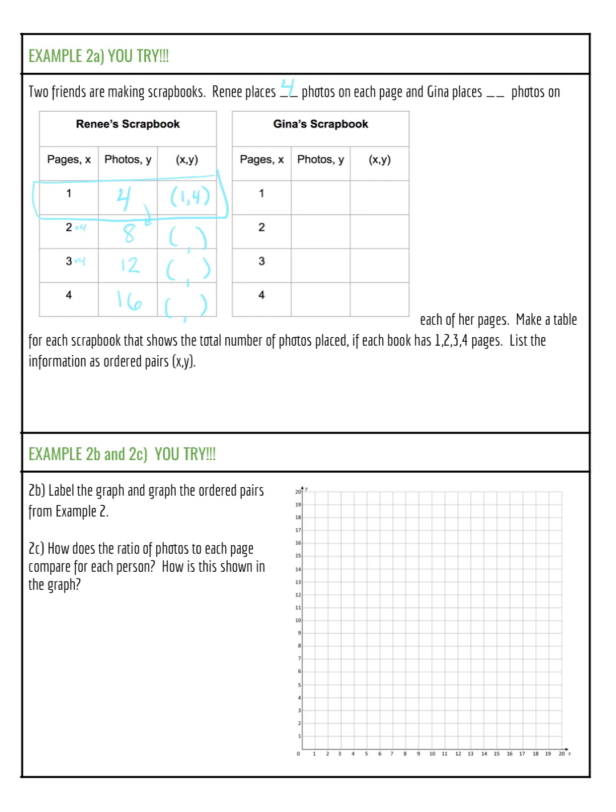Go ahead and fill in this ordered pair all the way down. I'm going to pause it for you, or you go ahead and pause it if you need to. Okay, so you should have gotten 2, 8. Oops, 3, 12. Skipping ahead of myself. And 4, 16. Let's go ahead and do Gina. So Gina places 6 photos on each page. So on page 1, she's going to have 6. On the second page, how many photos? 12.